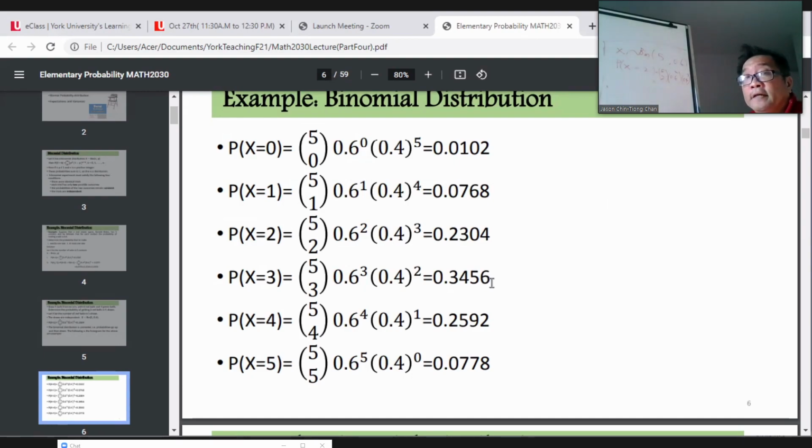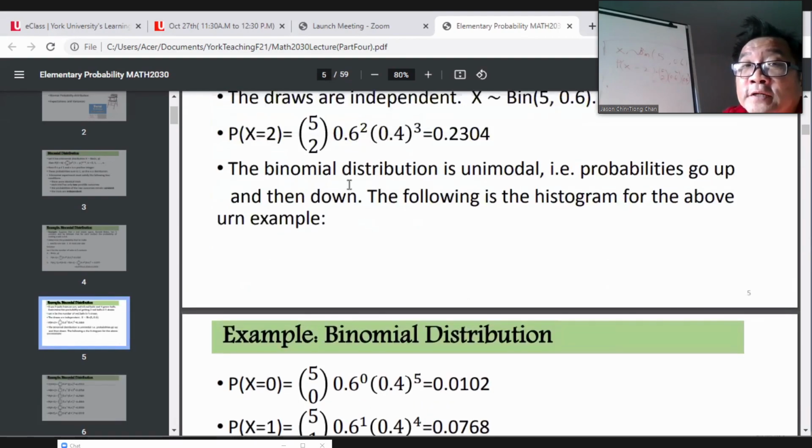This is the biggest number among all the probability values. Yes or no? We only got one biggest value. So that means this is the most popular one. Most popular one we call the mode.